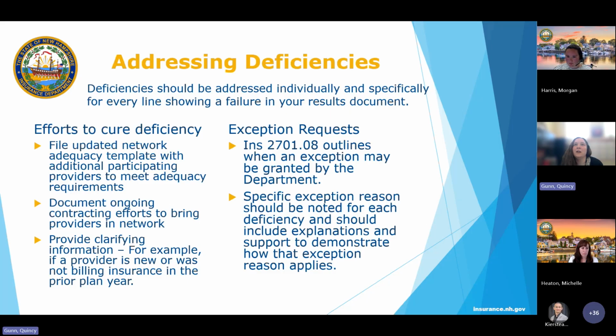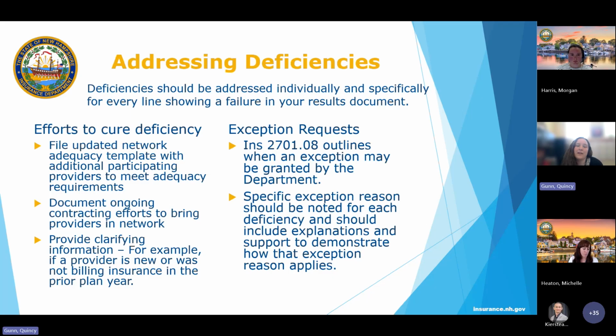Maybe there's ongoing contracting efforts and you can provide us some evidence of what you're doing to bring more providers into your network, or you can provide any other kind of clarifying information. For example, maybe you have some new providers on your list that weren't captured in last year's claims data, and therefore they wouldn't count in the tool going forward because they didn't bill last year.